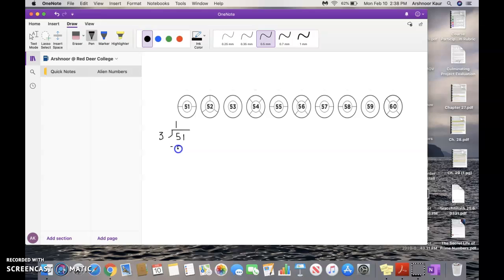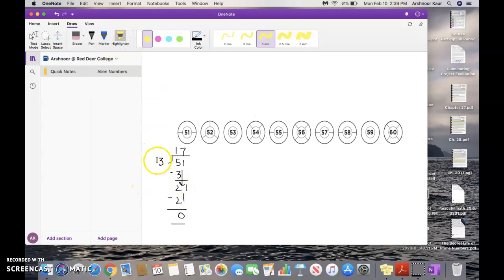Then I would subtract that and be left with 2, and then I would bring down the 1. So 3 can go into 21 7 times. Then I'm left with 0, because 21 minus 21 is 0.